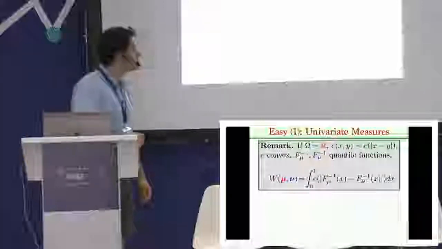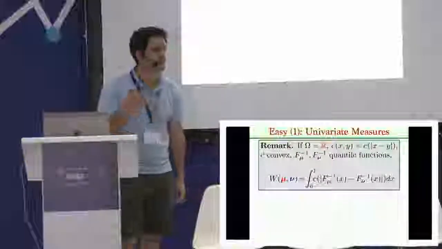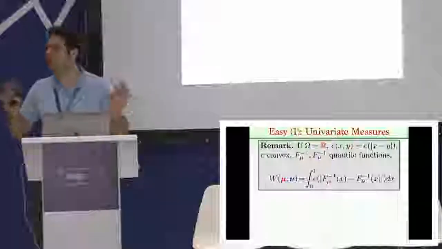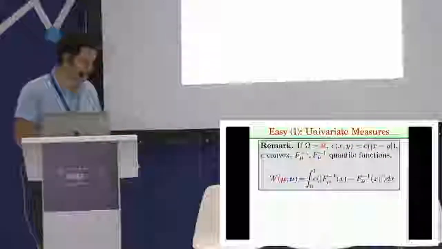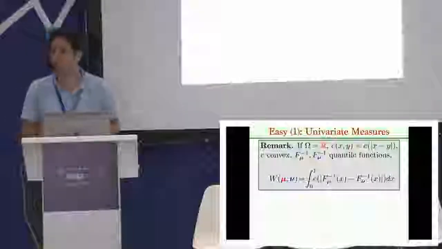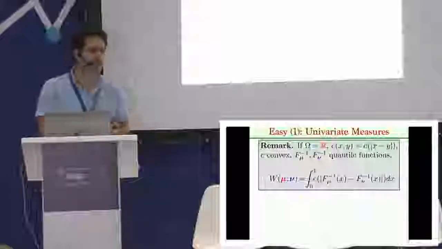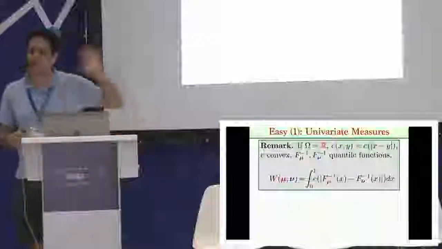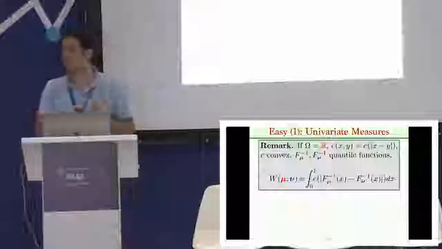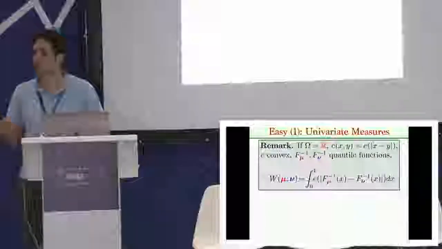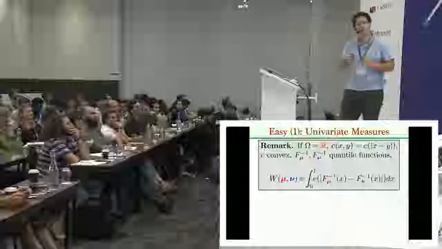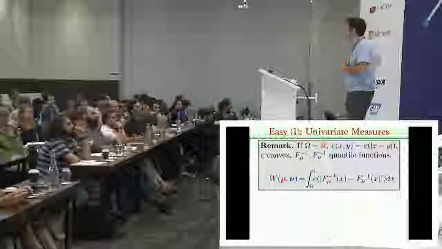Now, let me start with the first case that some of you might be aware of, and for which there's no computation issue to speak of. The discussion is closed. There's one which is very convenient and that statisticians are very familiar with. If you talk about Wasserstein distances to statisticians, very often this is what they have in mind: distributions on the real line, so univariate distributions. I'm measuring just one random variable with one number, and then I'm trying to compute the Wasserstein distance between them.